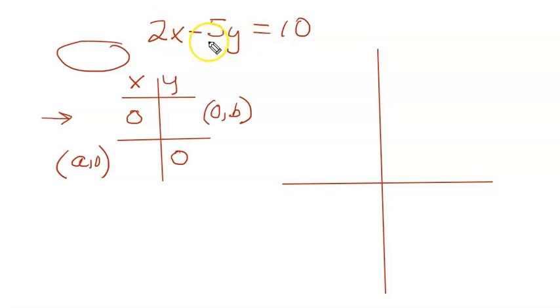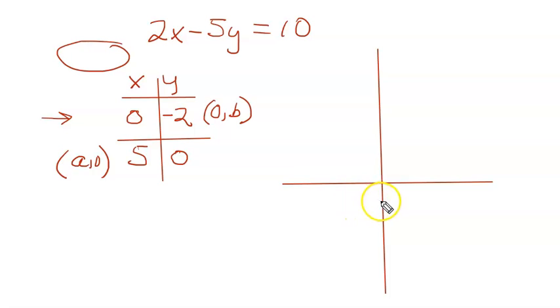Just divide both sides by -5 here, and you get y is -2. And then here, if y is 0 now, -5 times 0 is 0. You're going to divide both sides by 2, and you get x is 5.